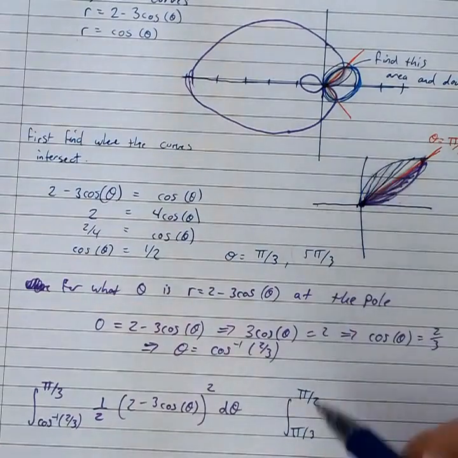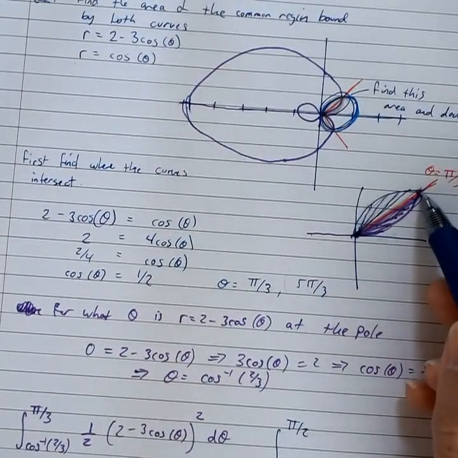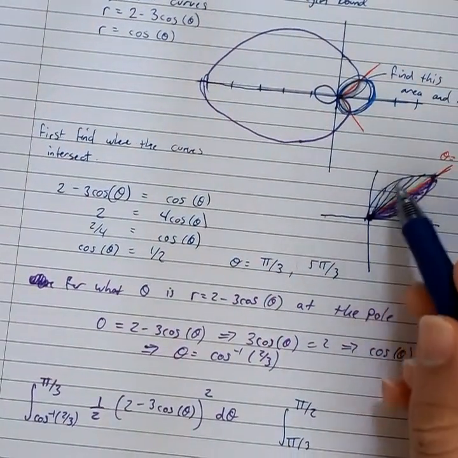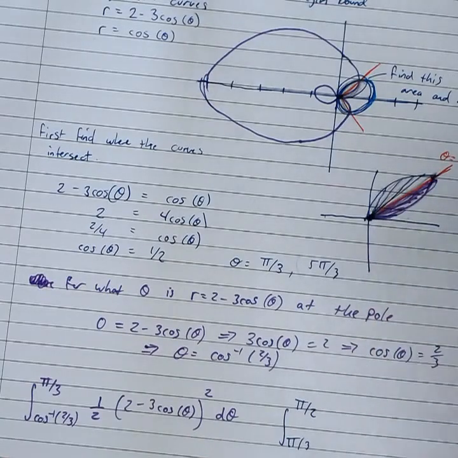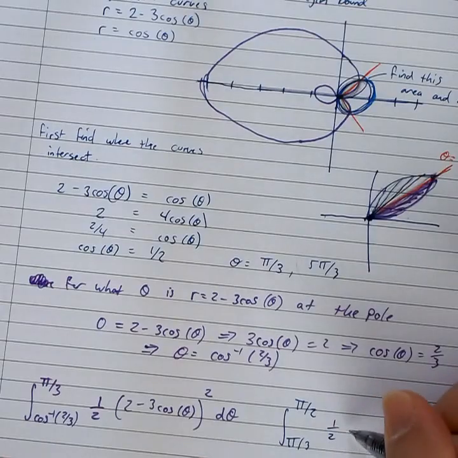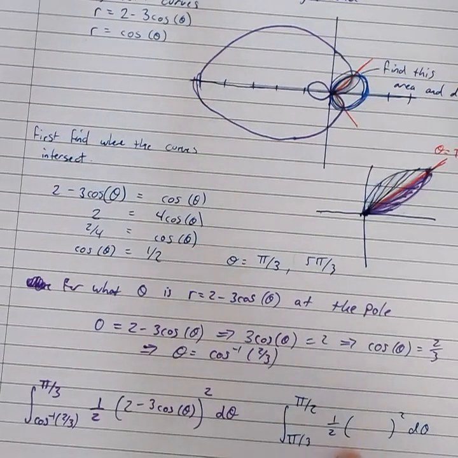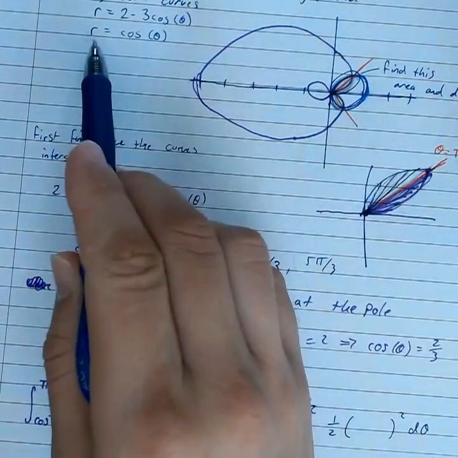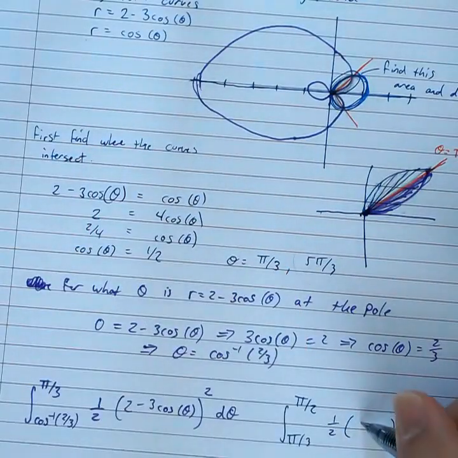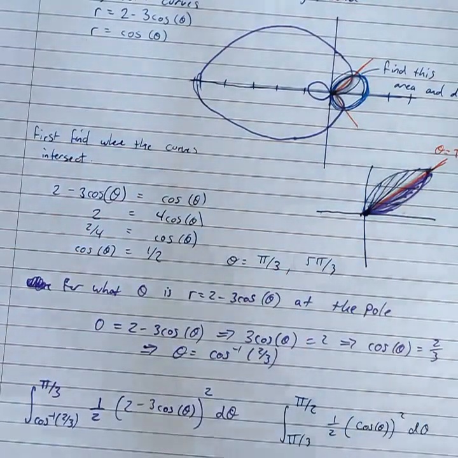So there we go. From pi over 3, from that red line, to pi over 2, when you get back to the pole, that'll sweep out this entire region here. And that's also going to be 1/2 times your function squared d theta. But now your function is the function that gives you the outer curve of that circle, which is cosine of theta. Just like that.